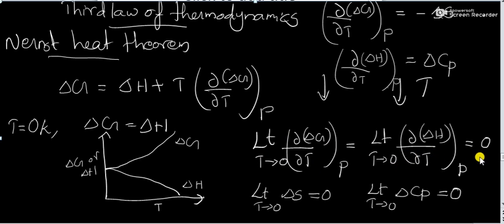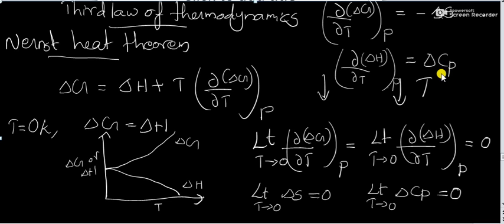Then let us consider the two equations of great significance in thermodynamics, that is dou by dou T of delta G at constant pressure is equal to minus delta S, that is from second law of thermodynamics, and dou by dou T of delta H at constant pressure is equal to delta Cp, that is our Kirchhoff's equation.